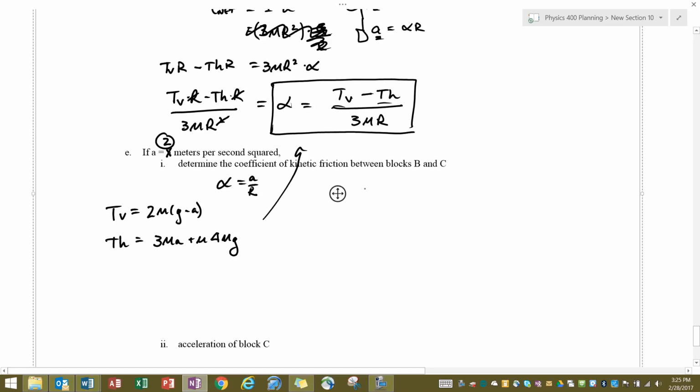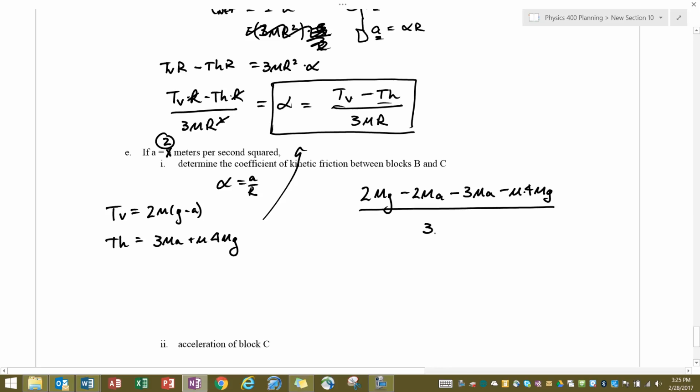So we have 2mg minus 2ma minus 3ma minus mu times 4mg. All of this divided by 3mr is equal to A over R.